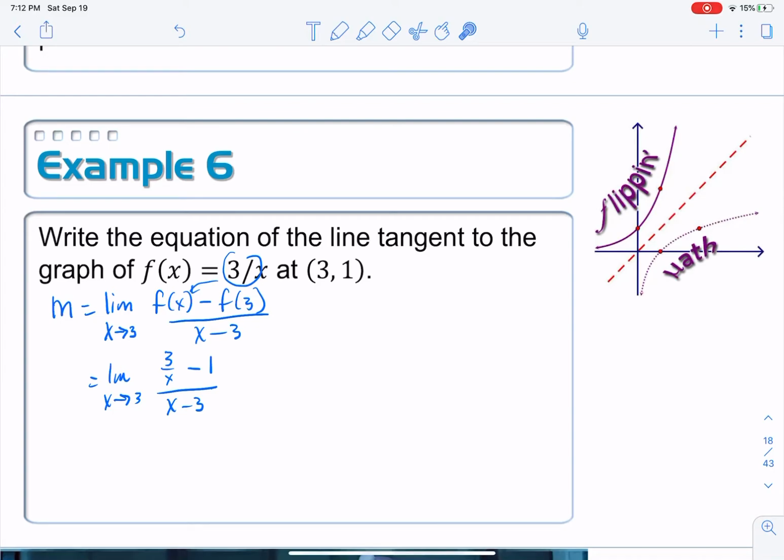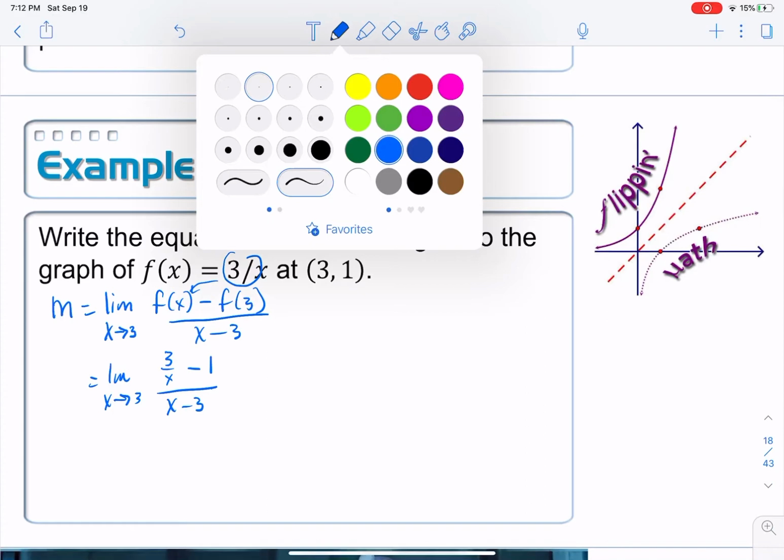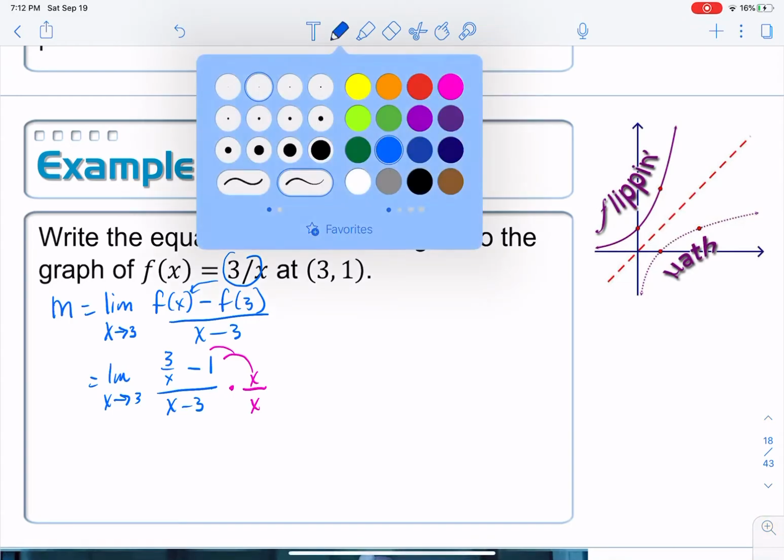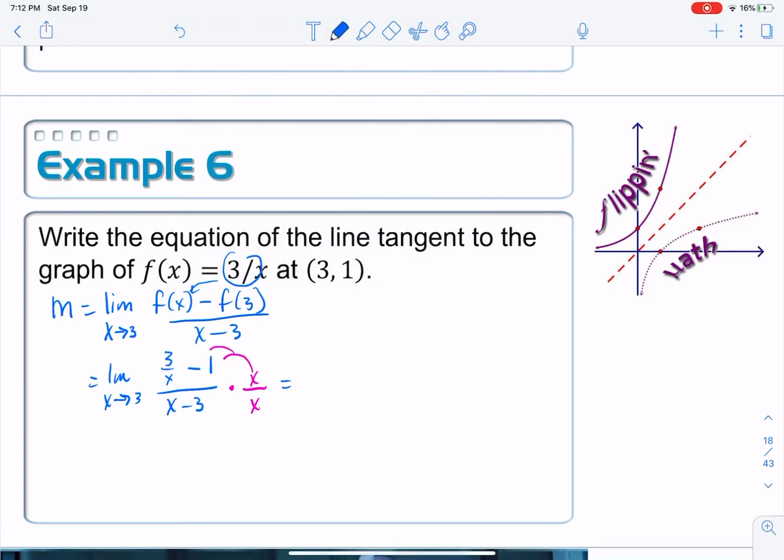It's an indeterminate form, which we're going to fix by, well, look, there's fractions. I think I'm going to deal with a common denominator. Let's multiply by a fancy one called x over x. And then we'll distribute that x across the top to both of those pieces. And as we usually do, just keep the bottom in factored form. Limit as x approaches 3 of, I would have 3 over x, this 3 over x times this x, and the x's will cancel.